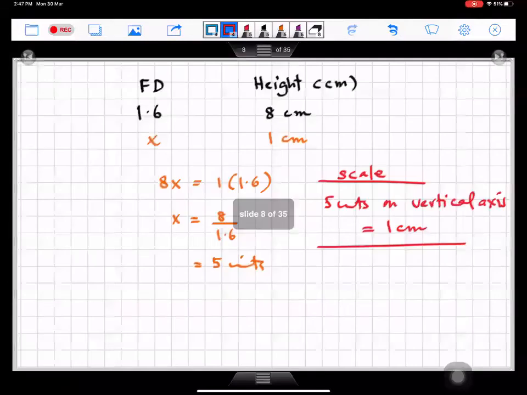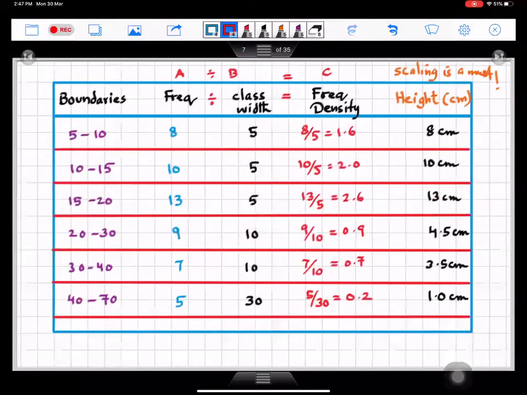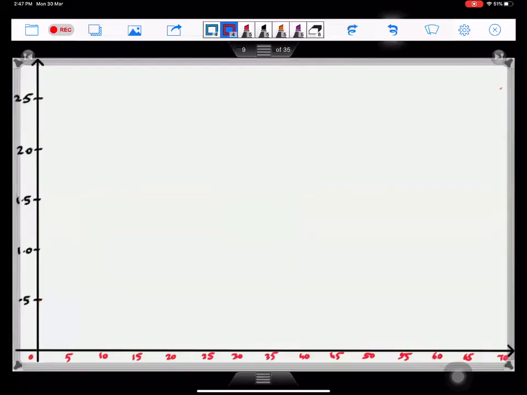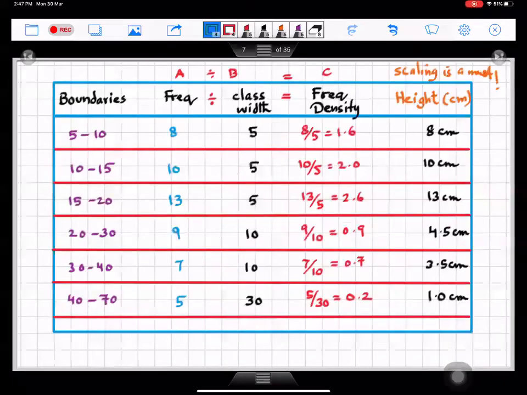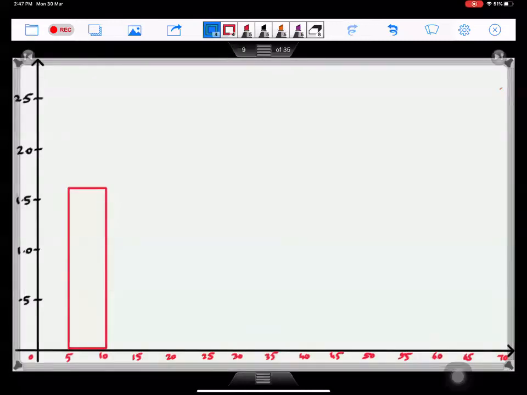And then 5 to 10, my bad. Between 5 to 10, it is something like 1.6. And then the other one, 10 to 15, is 2. So it goes like this, something like this.